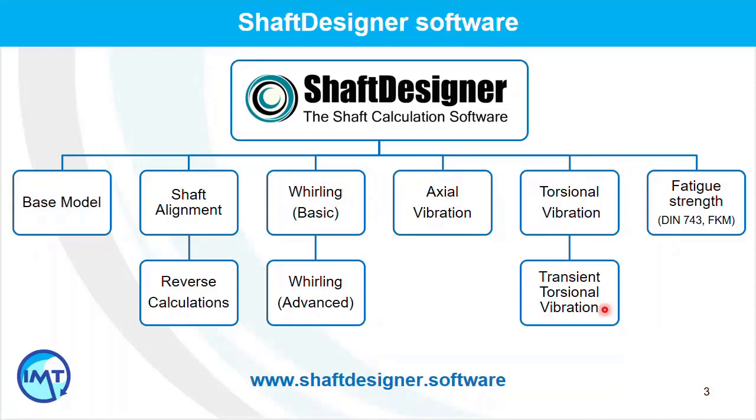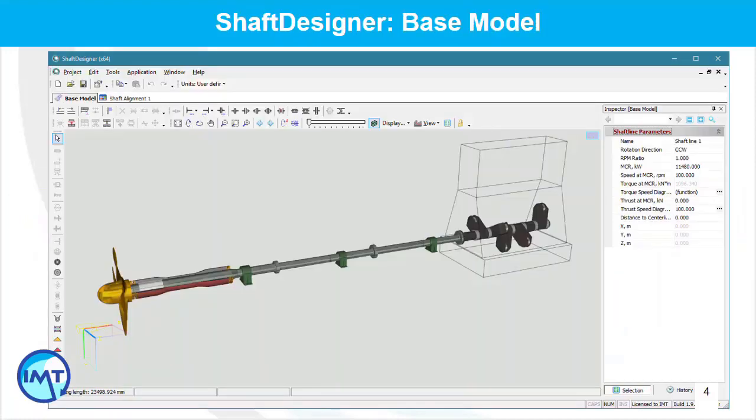It also has an additional transient torsional vibration module. And finally, we also have a special module for fatigue strength calculation that is generally based on two standards, DIN 743 and FKM. Next I will tell you about each of these modules a little bit.